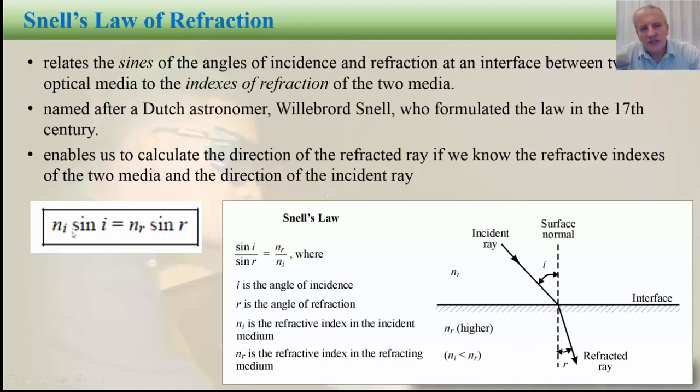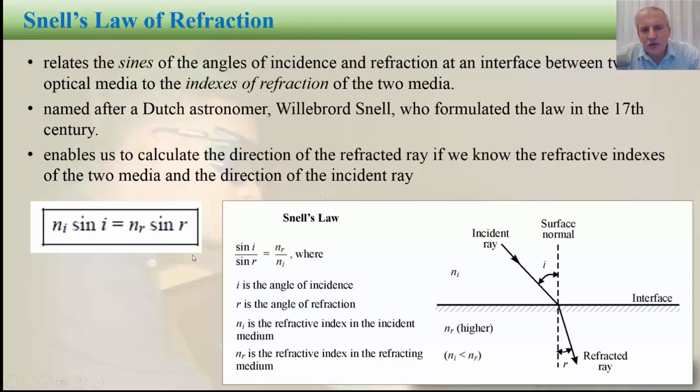This formula connects these parameters. You would multiply the index of refraction of the incident medium by the sine of the incident angle, and make it equal to the product of the index of refraction of the second medium multiplied by the sine of the refracted angle.